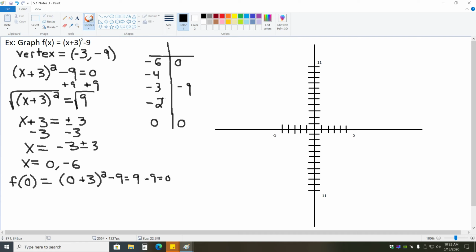So at this point, we're going to plug in -2 into our function, which gives us f of -2 equals (-2 + 3) squared minus 9. -2 plus 3 is 1. Squared is still 1.